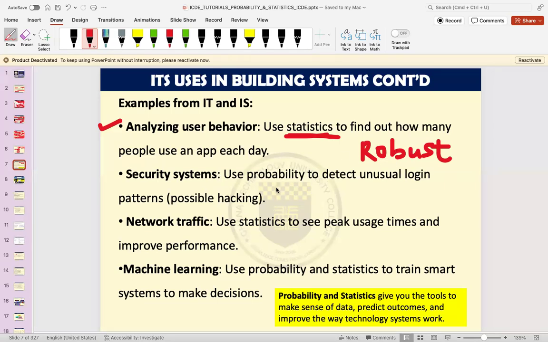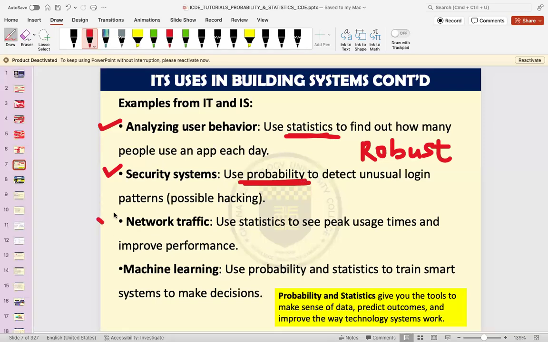You need to apply probability to be able to detect any unusual or possible hacking into the system. The security system that is built is based on the theory of probability. And this is another reason why we need to study probability and statistics.